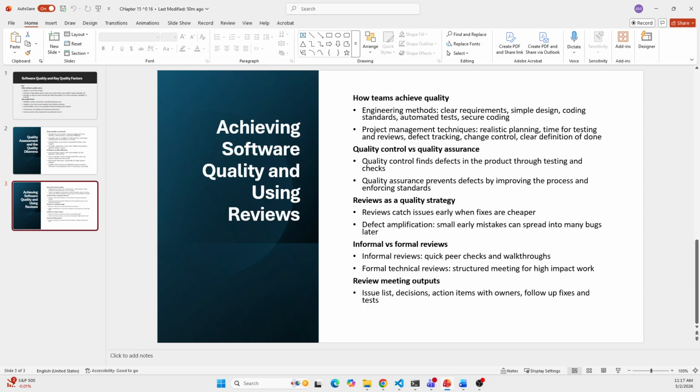And then we have reviews as a quality strategy. A review is one of the cheapest and fastest ways to improve quality because it catches issues before they become expensive bugs.